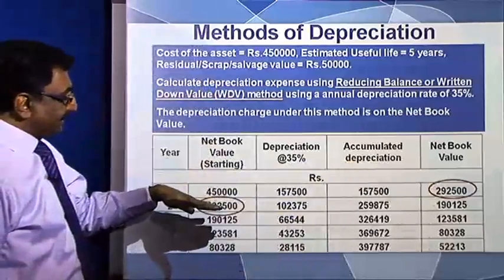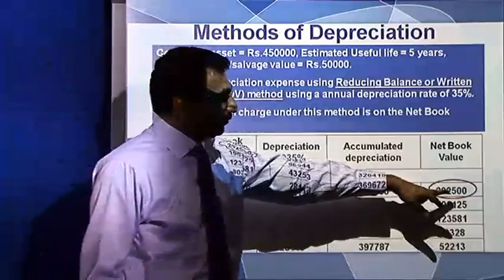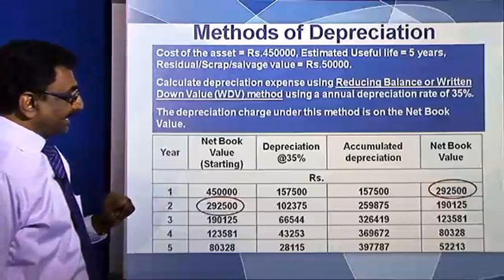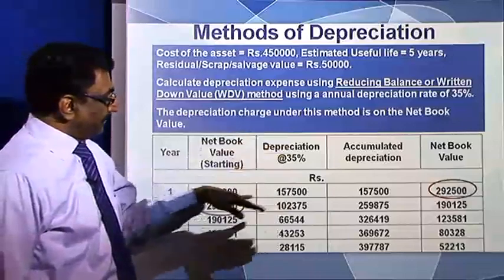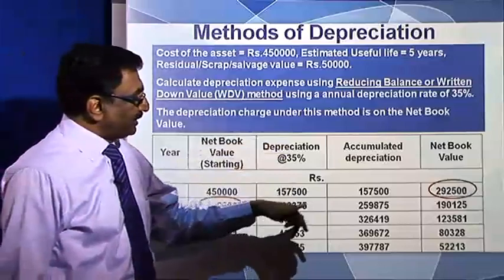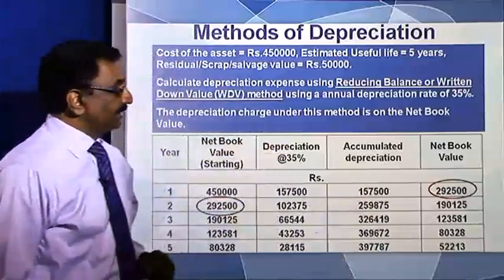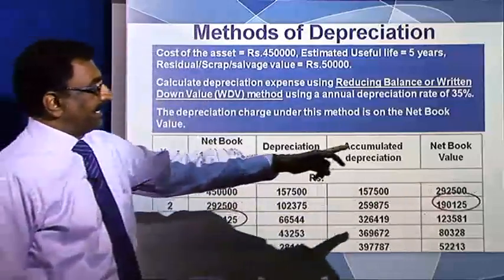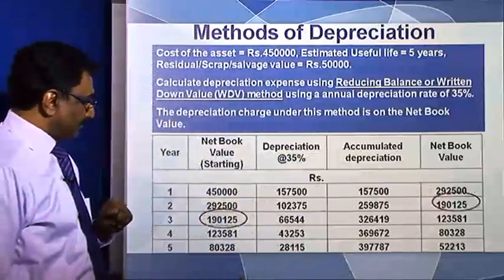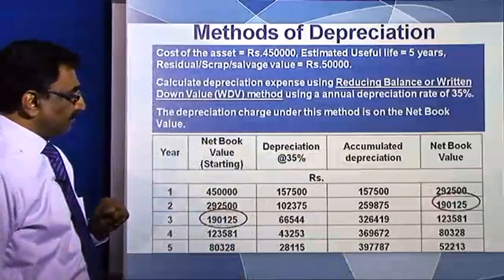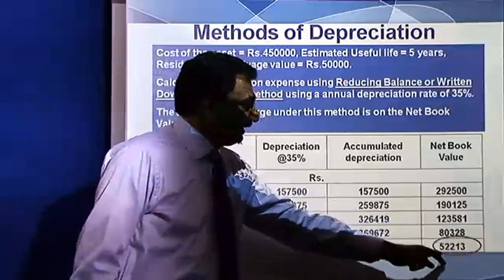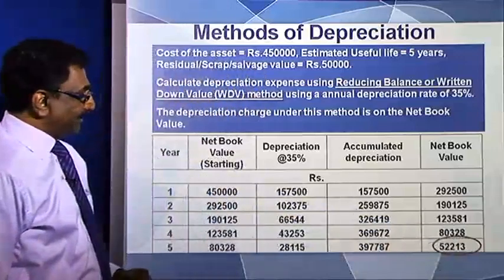Then next year, this ending net book value of the first year becomes the starting value for the second year, from where again you depreciate at 35%, you add the two, you arrive at the accumulated depreciation, and then you have the net book value at the end of the second year, which becomes your starting net book value, and so on and so forth. Like that you arrive at the final value at the end of 5 years.